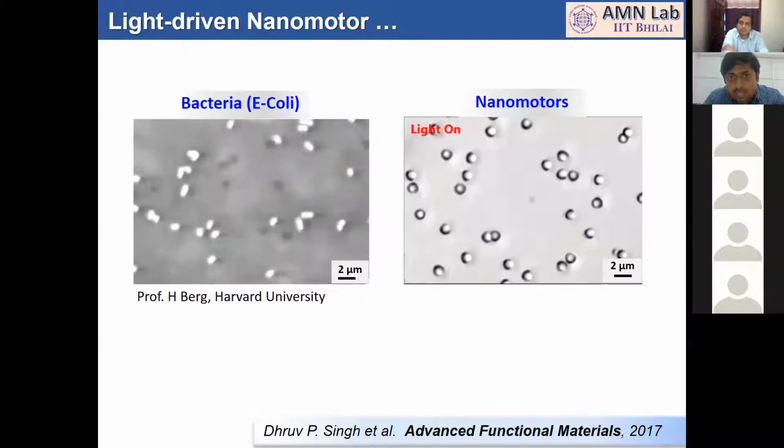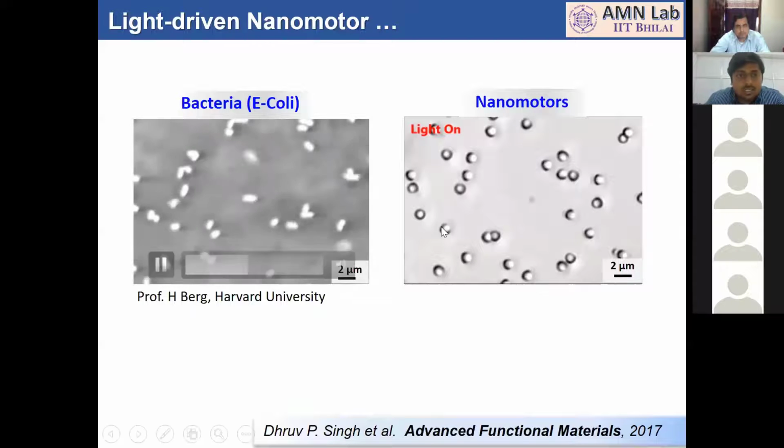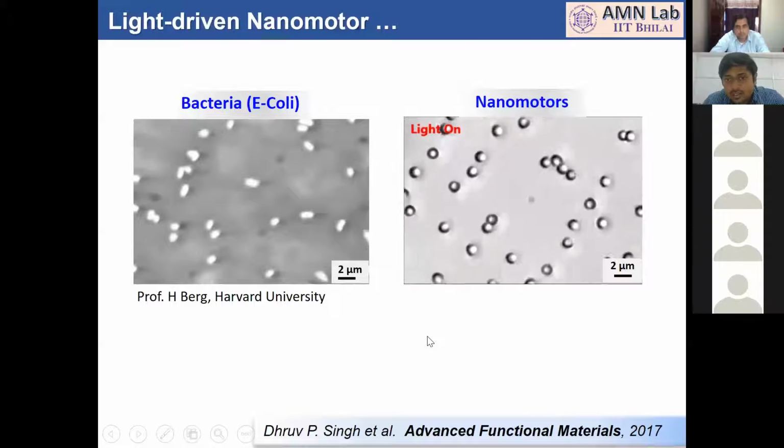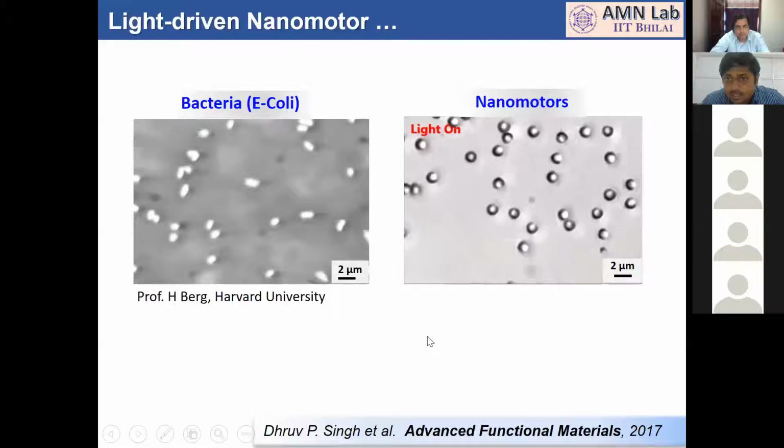Here, just for comparison, I want to show you how close my nanomotor is to the real biological system. This is the real video of bacteria captured by H. Berg at Harvard University. These bacteria are moving in a liquid system. And here are my nanomotors.